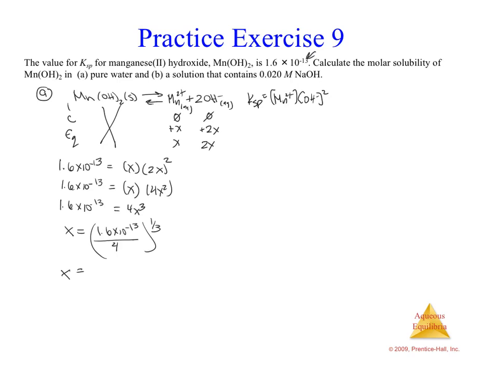Enter, and I got 3.4 times 10 to the negative 5th. Units will be molarity, and I see that x stands for my manganese.